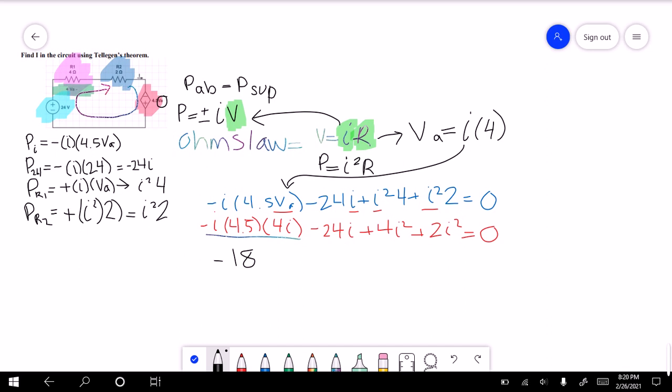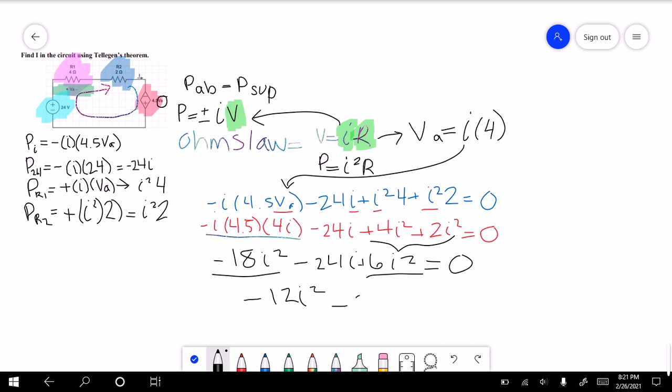Negative 18, I times I is I squared, minus 24I. And then these two are plus 6I squared equals 0. Now we can combine both of the terms with the I squared. So that gives us negative 12I squared minus 24I is equal to 0.